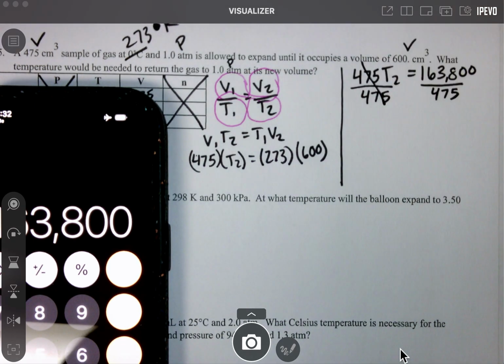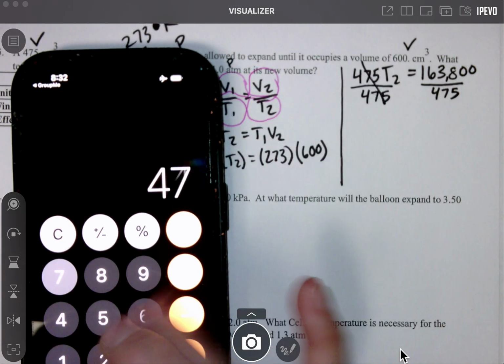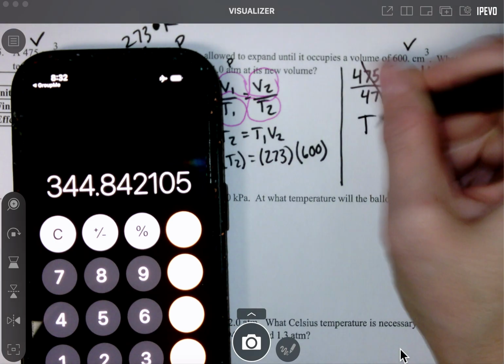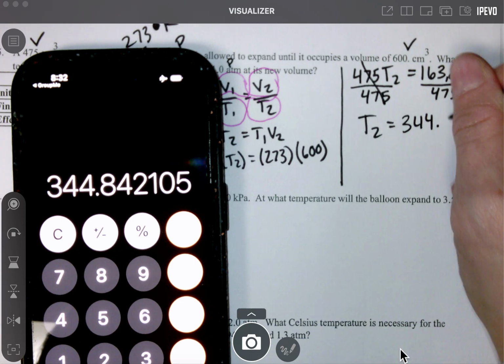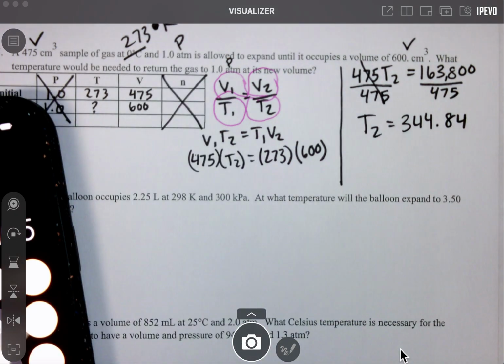Cross out 475. Divide by 475. And I end up getting T2 is equal to 344.84. And that temperature is in kelvins.